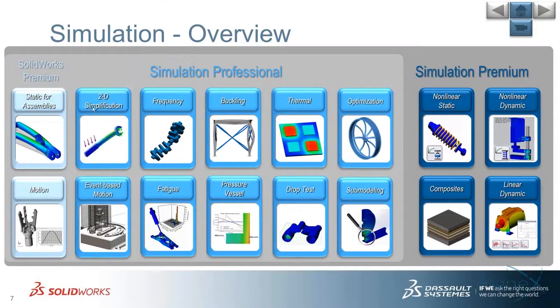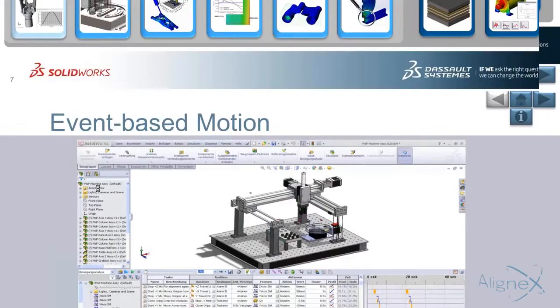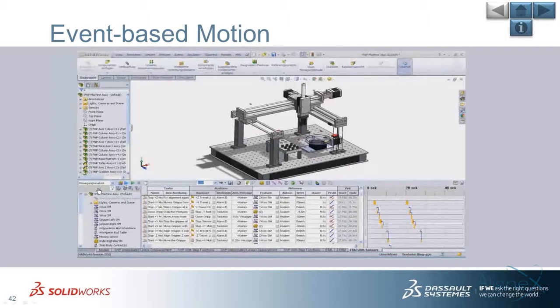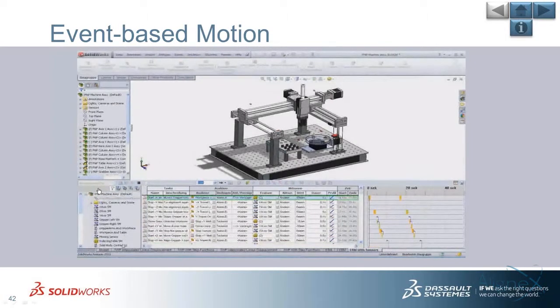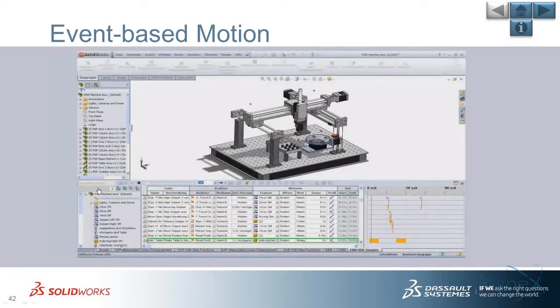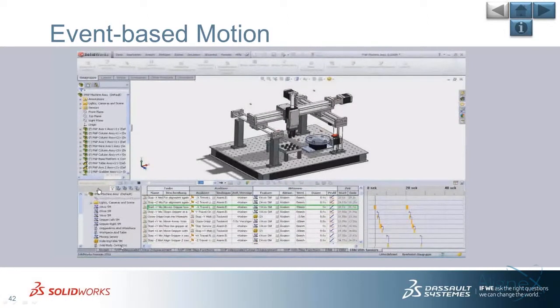So the first I want to cover is the event-based motion. Event-based motion is very similar to the basic motion capability, where we can use things like motors and actuators to set up motion of our devices or machines.